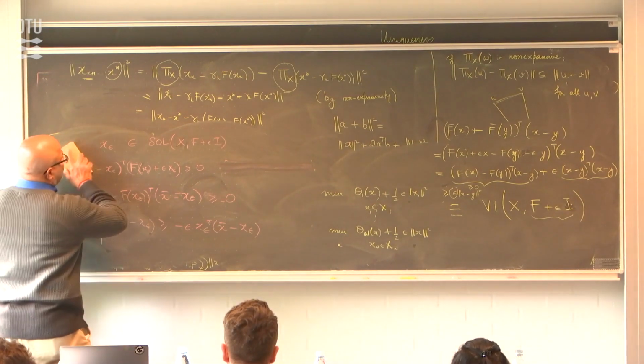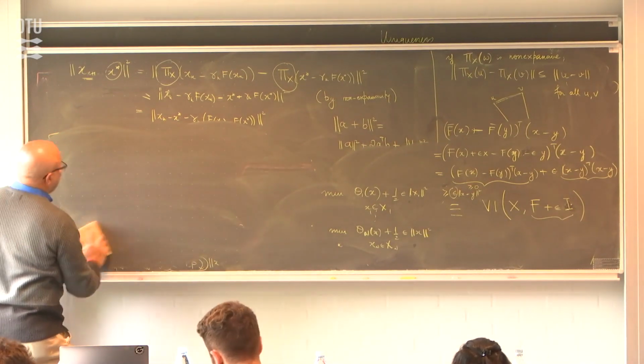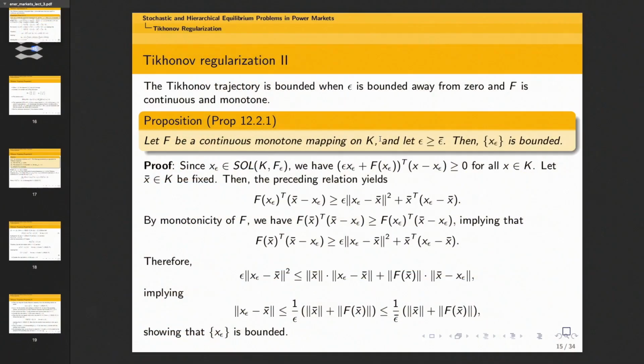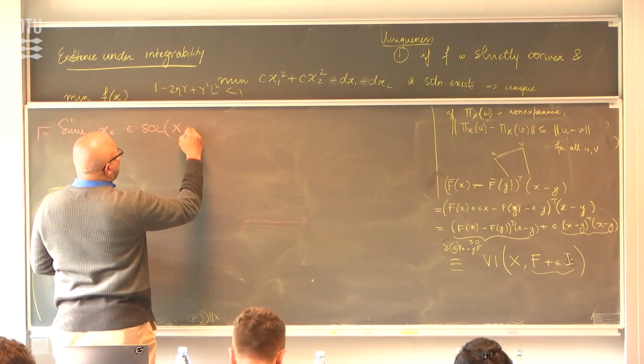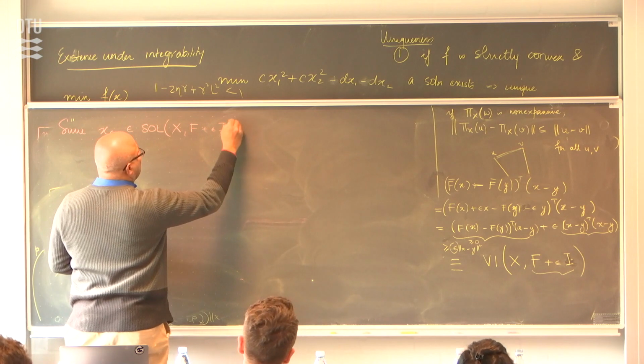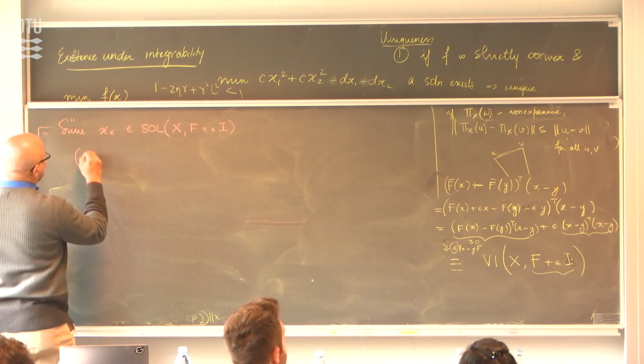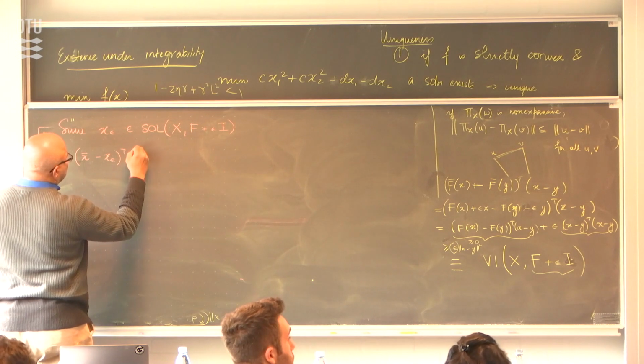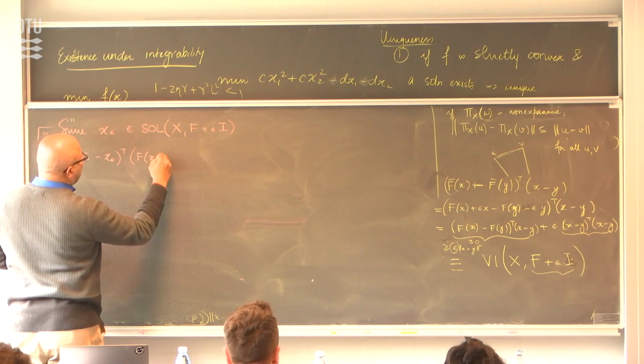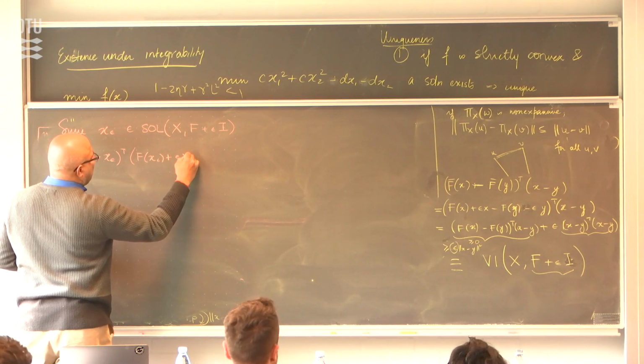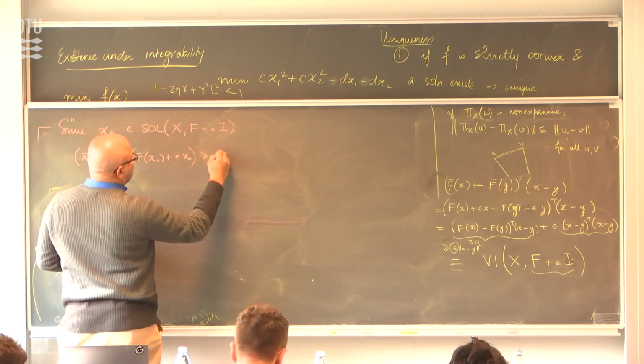Let me just prove it directly. Okay. So you start from, since x epsilon lies in the solution set of the regularized problem, what we have is x bar minus x epsilon transpose f of x epsilon plus epsilon x epsilon is greater than 0.